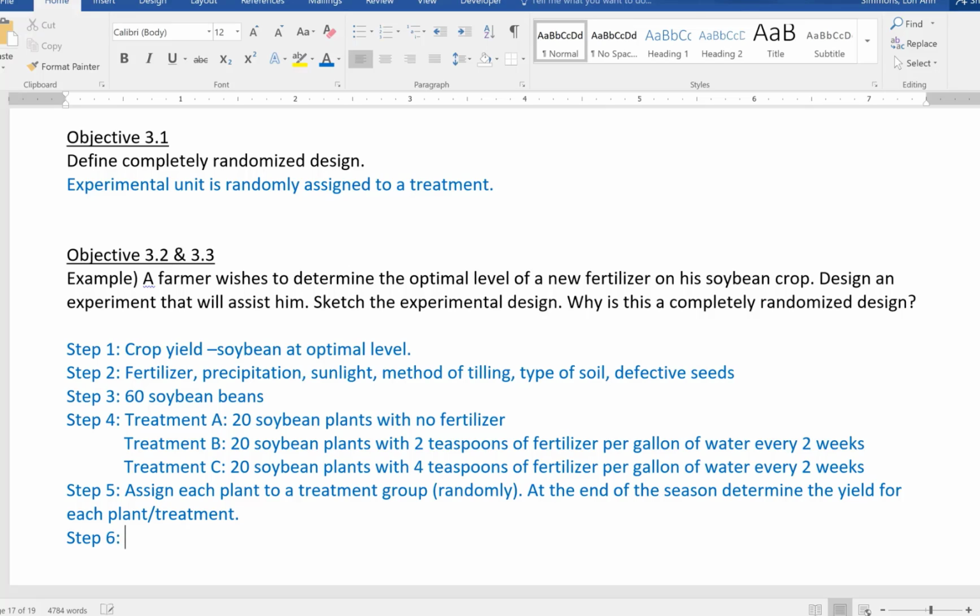And step 6, test the claim. So we determine any differences in yield among treatment groups.